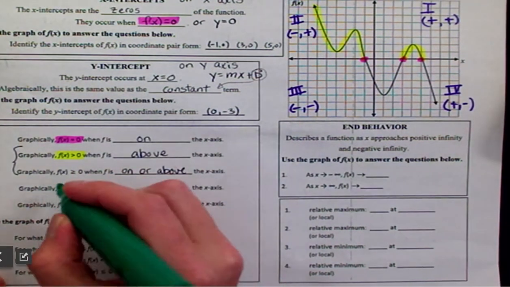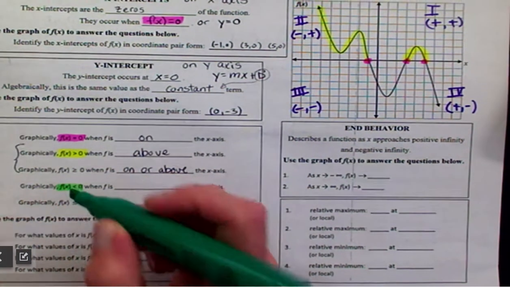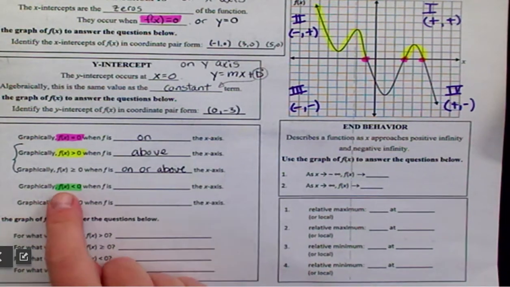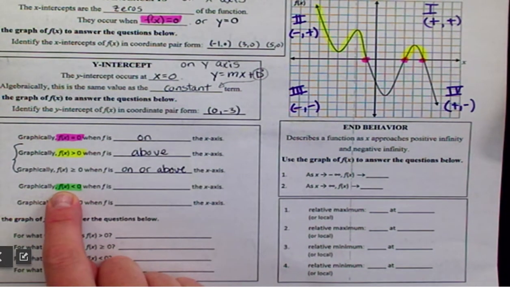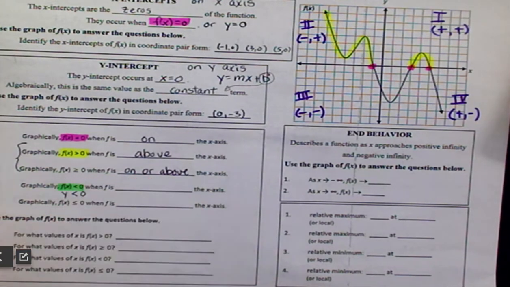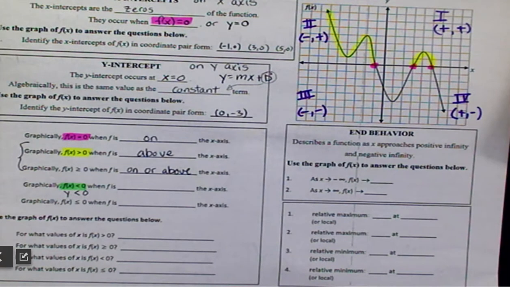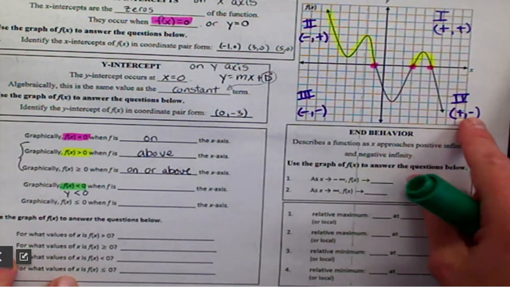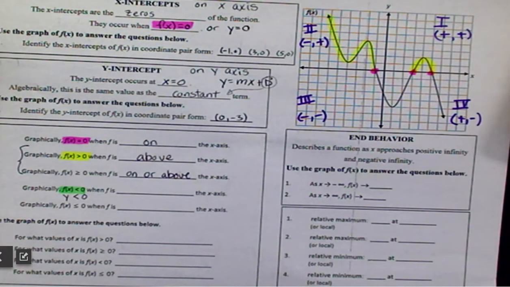All right, let's do green. Graphically, when is f of x less than 0? So that is the same as asking about when the y values are less than 0, which puts me in quadrants 3 and 4. So now you got to go and highlight the sections of the graph that are in the correct quadrants.